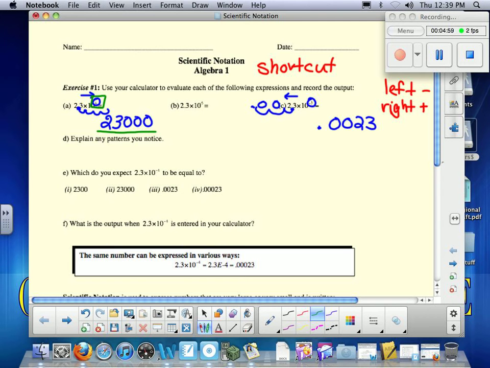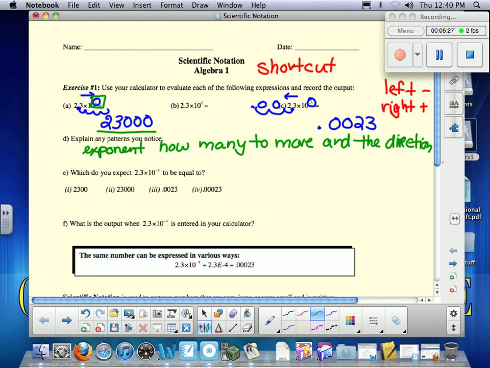Right. Like before, you go over 4 places. So the exponent tells you how many to move and the direction. So left or right and however many.